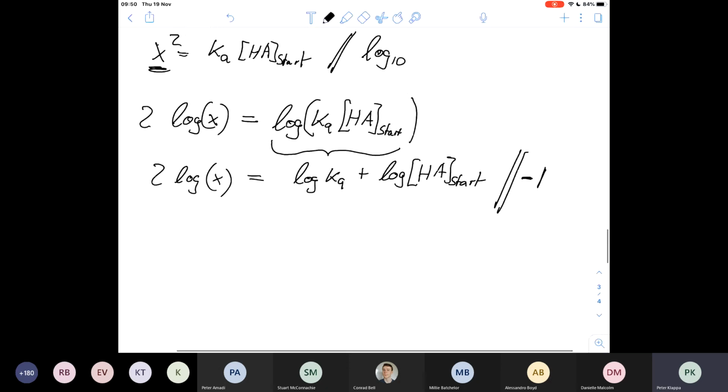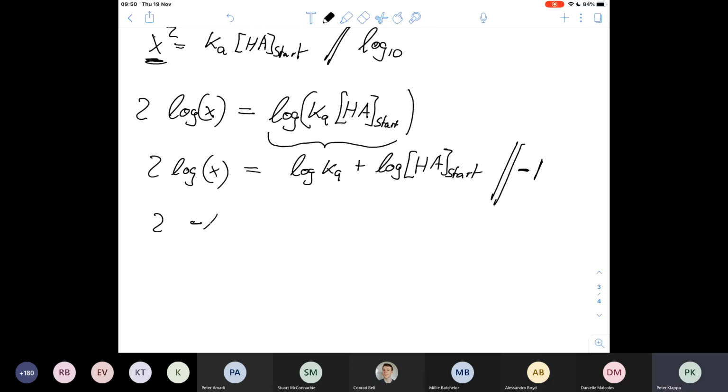So we've got 2 negative log x equals negative log Ka minus log HA start.